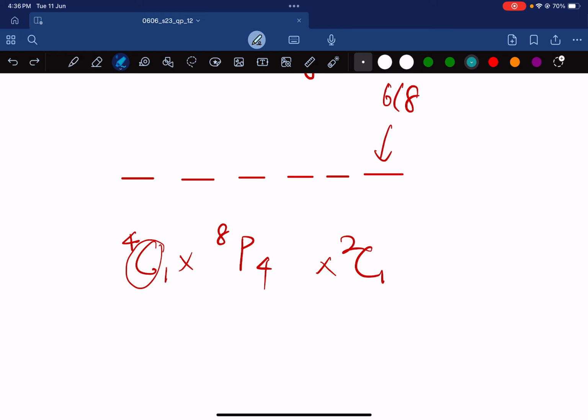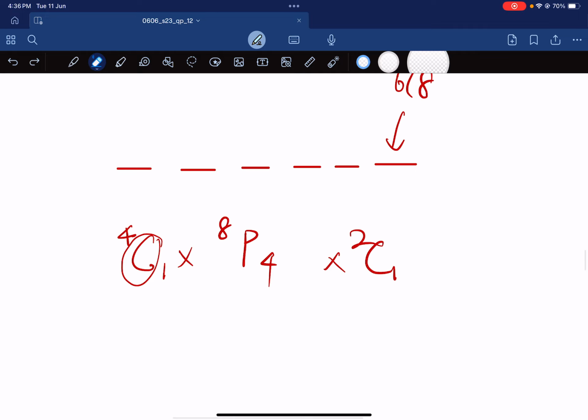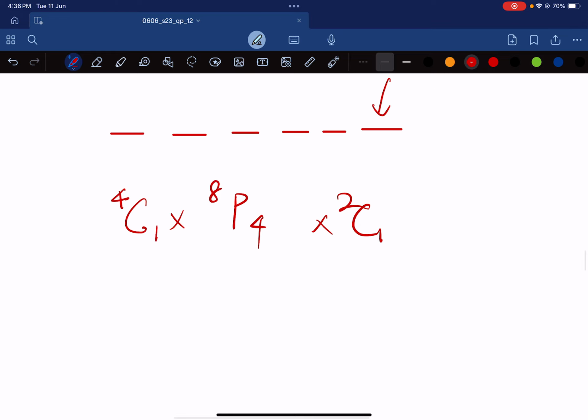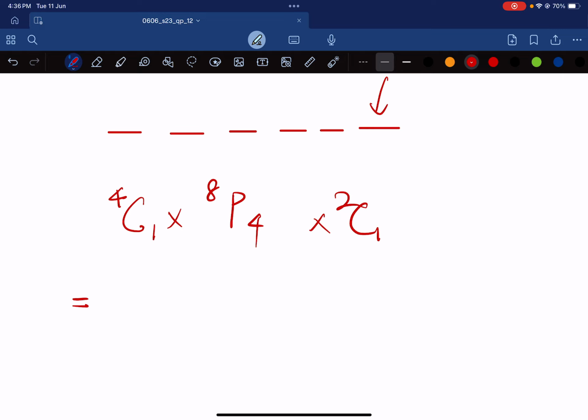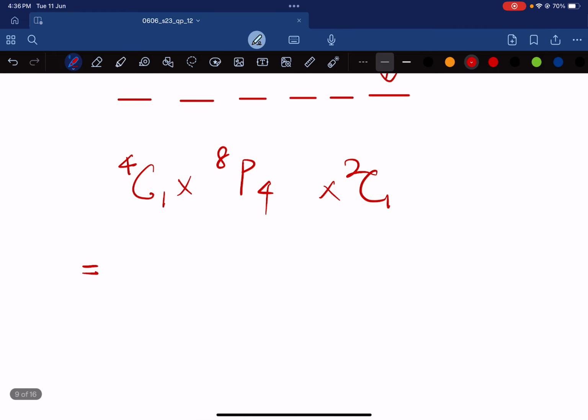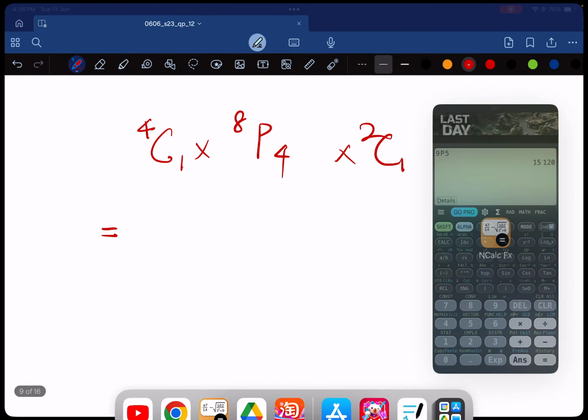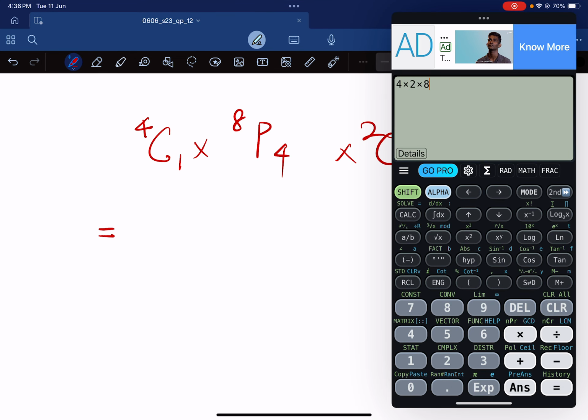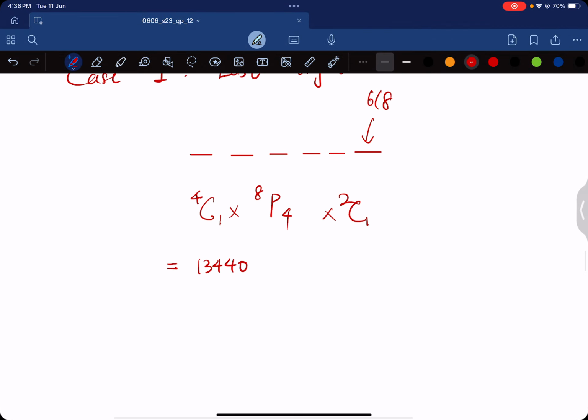Order only exists for more than 1 item. You can do experiments: key in 2P1 and 2C1 on your calculator, it's the same. 3P1 and 3C1 is the same. So this would be 4 times 2 times 8P4, so 13440. This is the first case.